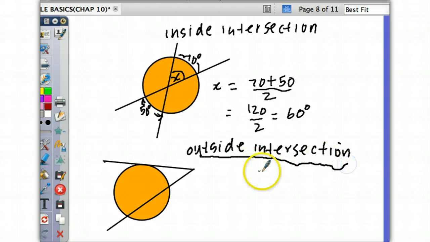Outside intersection, we want to find the angle that these two segments make.